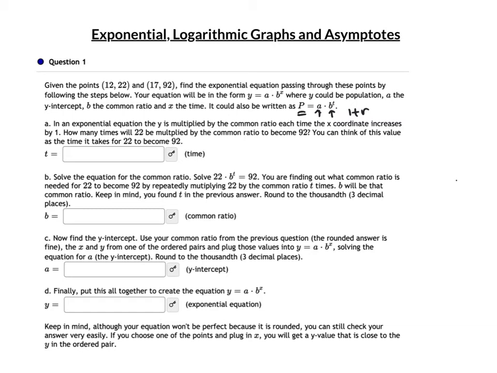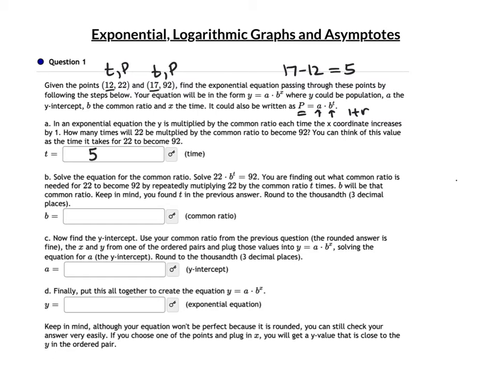In an exponential equation, the y is multiplied by the common ratio each time the x-coordinate increases by 1. How many times will 22 be multiplied by the common ratio to become 92? The secret is, think of this as time and population, is to look at the times. From time 12 to time 17, that's 17 minus 12, you multiplied by the common ratio 5 times.